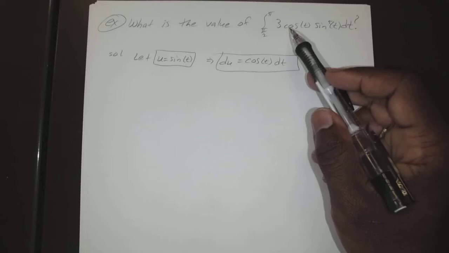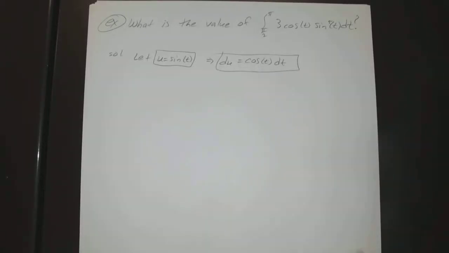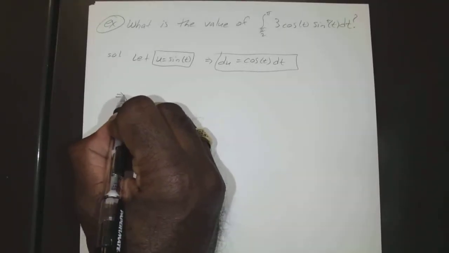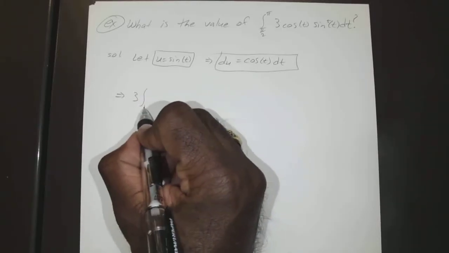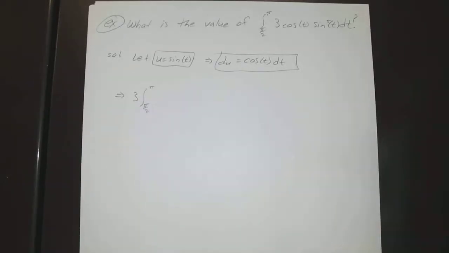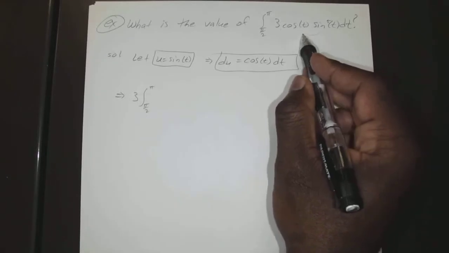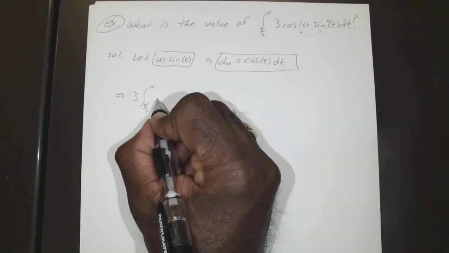All right, so we rewrite it and just bring that 3, that constant, right on out.